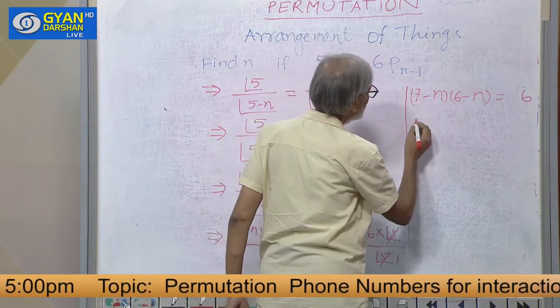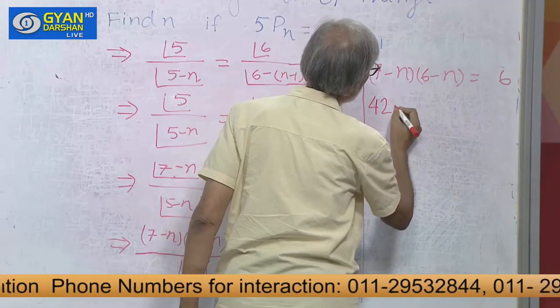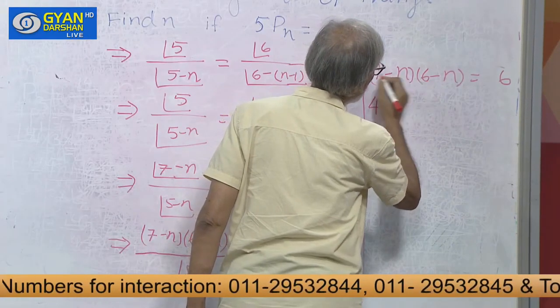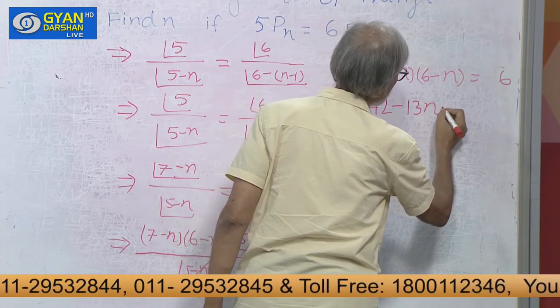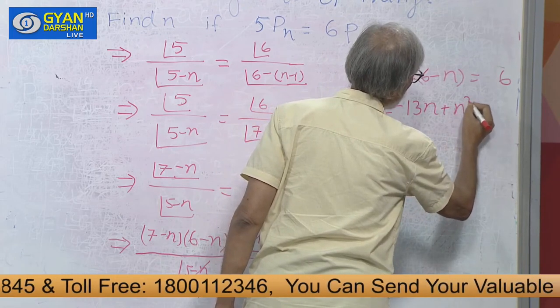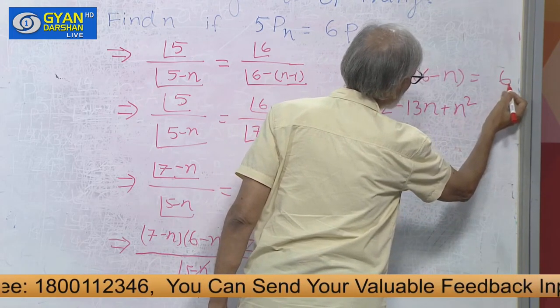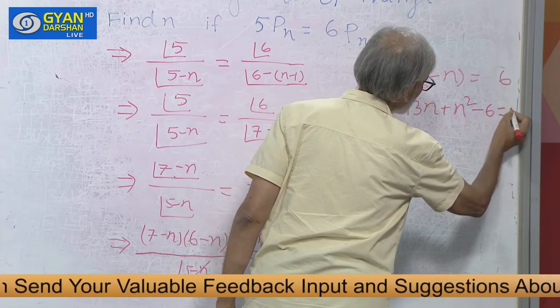It will be equal to 42 minus 6n minus 7n. So, minus 13n plus n square. Let us bring 6 to this side also, minus 6 is equal to 0.